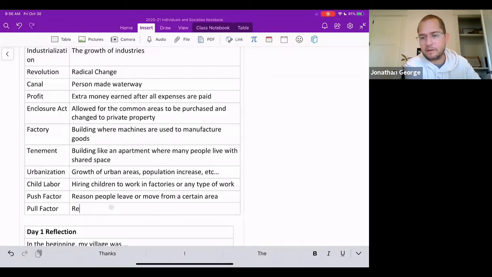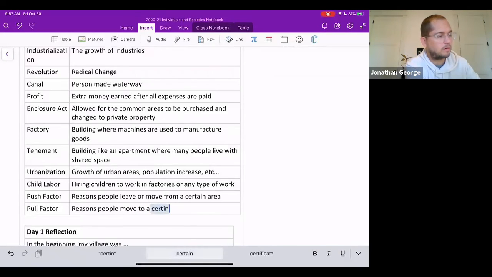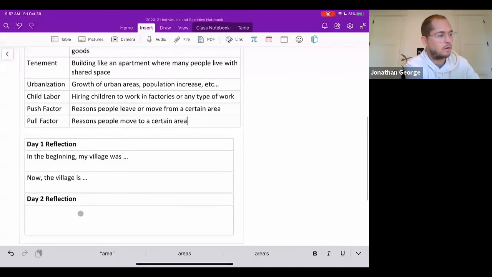And a pull factor, reasons people go to a certain area. Okay.